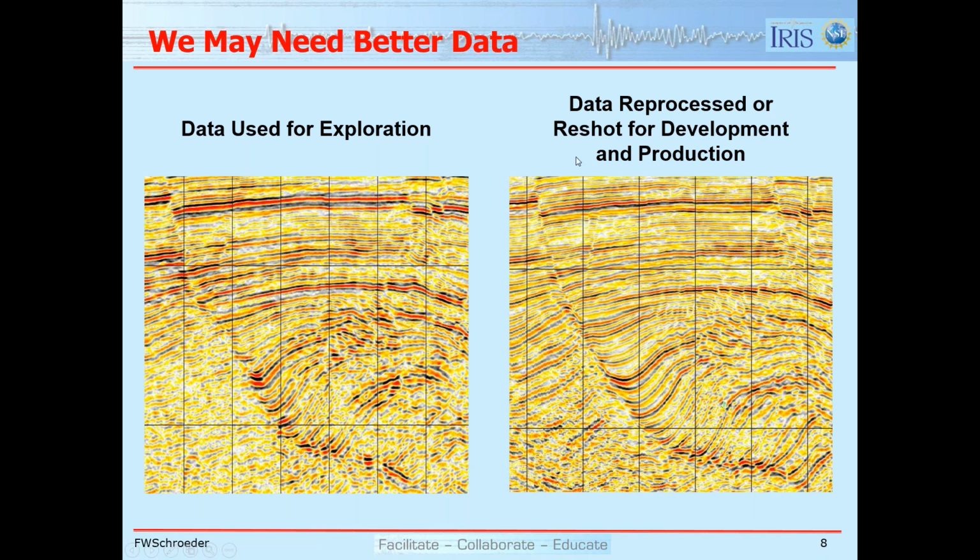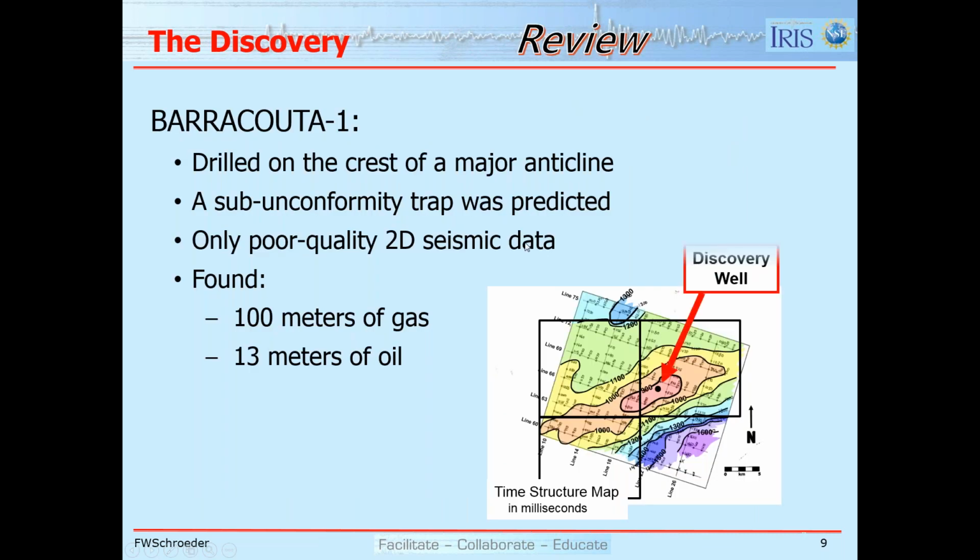The other option is to reshoot the data in the case where the old data just can't be improved through reprocessing. If we shoot new data, that may be 2 or 3 years before we can shoot it, get it processed, and get it into the hands of the interpreter. So there's also a time element as well as a dollar constraint on our acquiring new data.